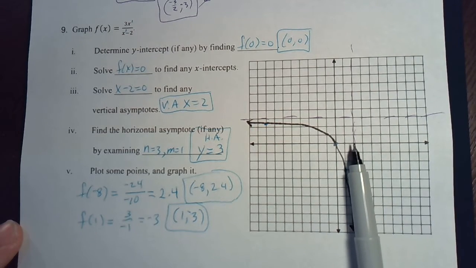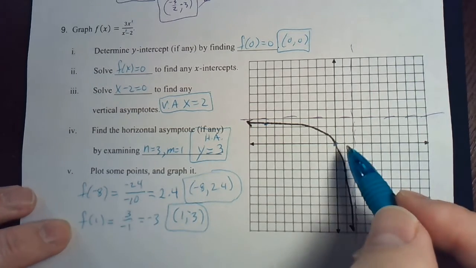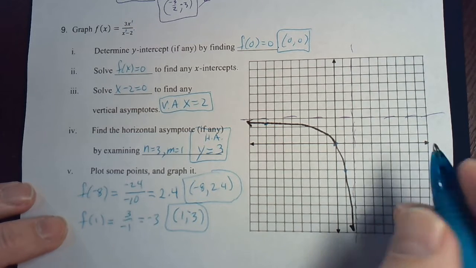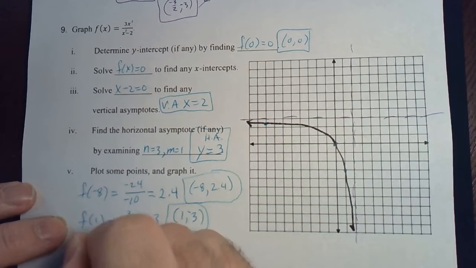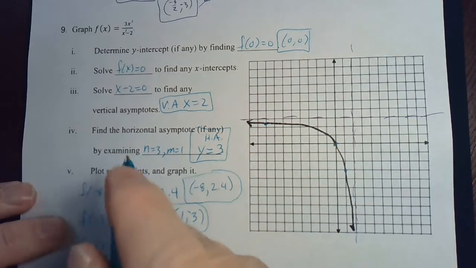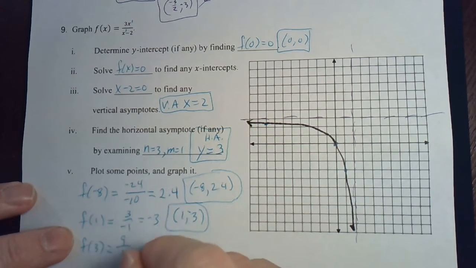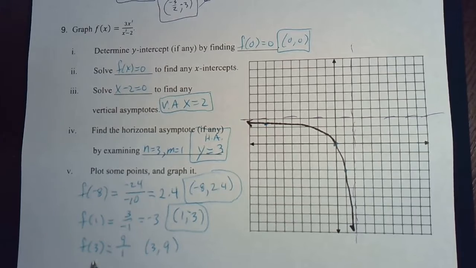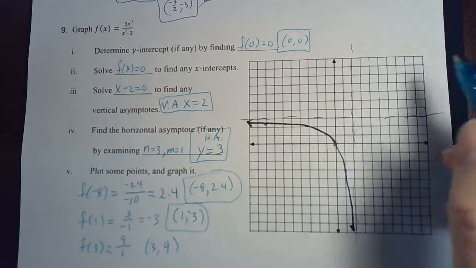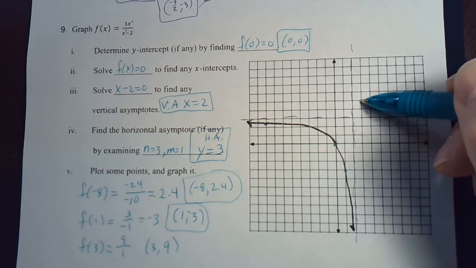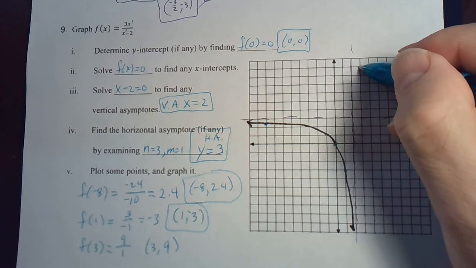And now to finish this, let's do 3 points to the right of this vertical asymptote. So x values greater than 2. So how about 1, 2, 3, f of 3. F of 3 is going to be 3 times 3 is 9 over 3 minus 2 is 1, 3 comma 9. So 1, 2, 3, 1, 2, 3, 4, 5, 6, 7, 8, 9.